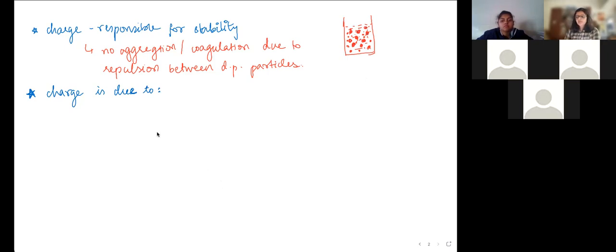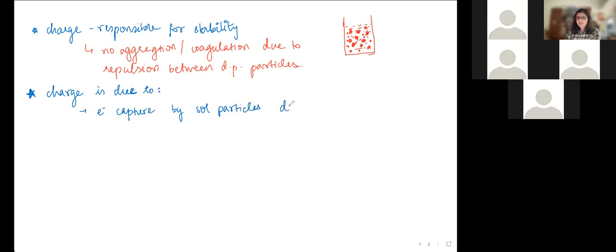The main reasons why we observe it are two of them. One is electron capture by sol particles during electrodispersion of metals.